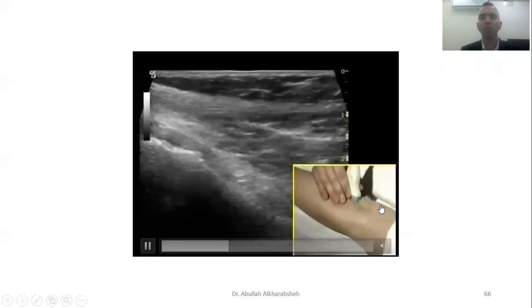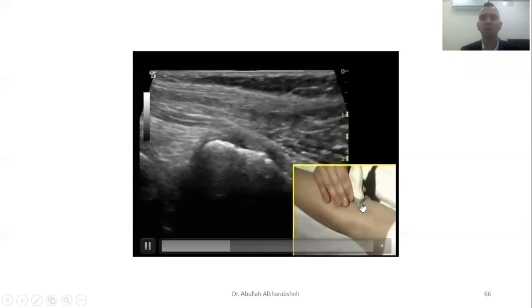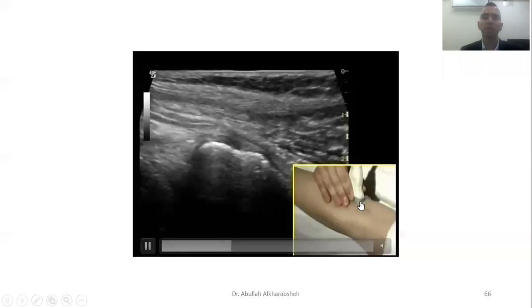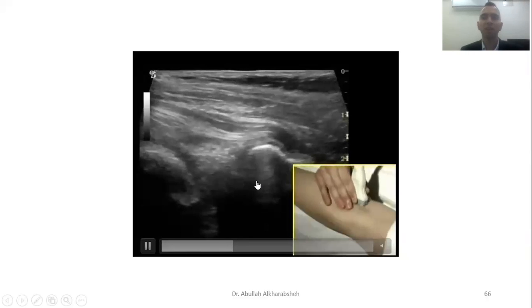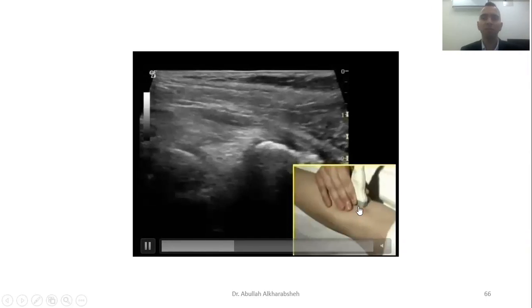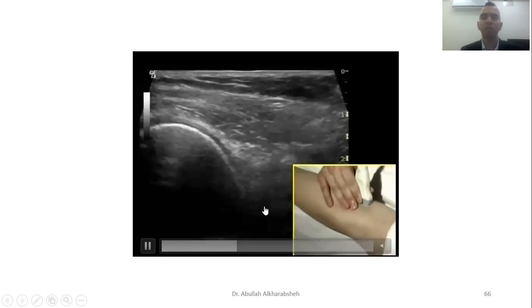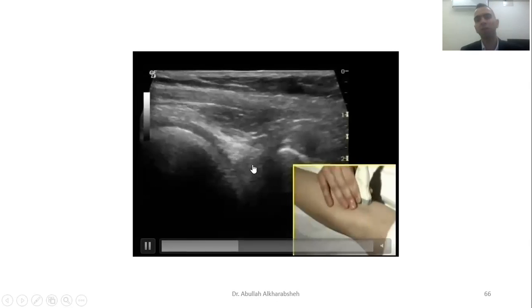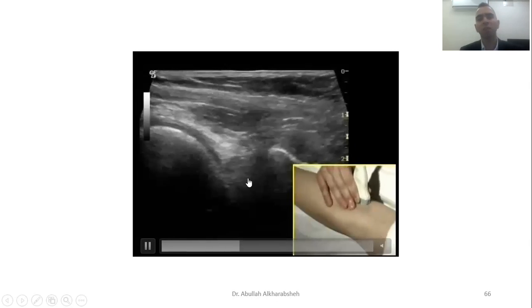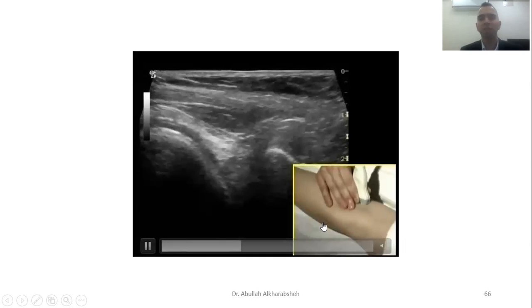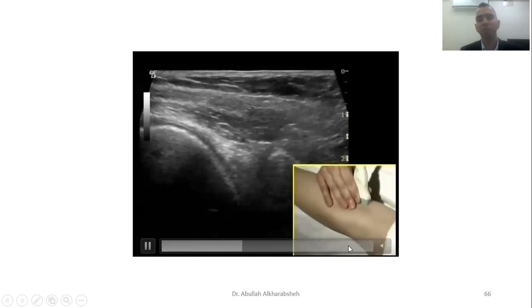And here in longitudinal view, we examine, so we turn and we see here in longitudinal view, trying to see the posterior cruciate ligament and the meniscus from posterior view.